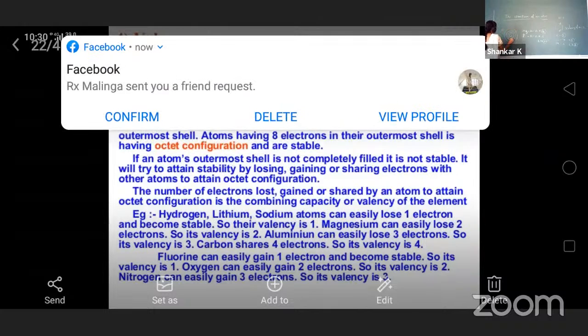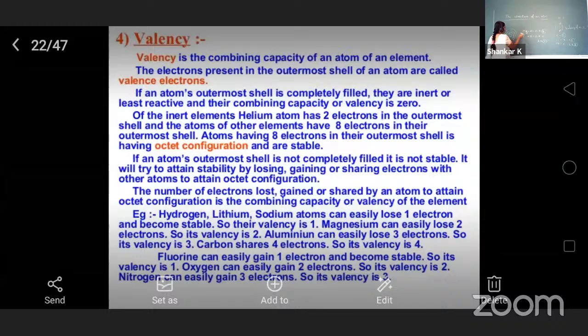In the first orbit 2 electrons are filled, in the second 8 electrons are filled, and the remaining 5 electrons are in the outermost orbit. The highest valency is 4. Valencies 5, 6, 7, 8 do not occur. Up to 4 we can get the valency directly from the outermost electrons. If the outermost number is 5 or more, we subtract it from 8 to find the valency.